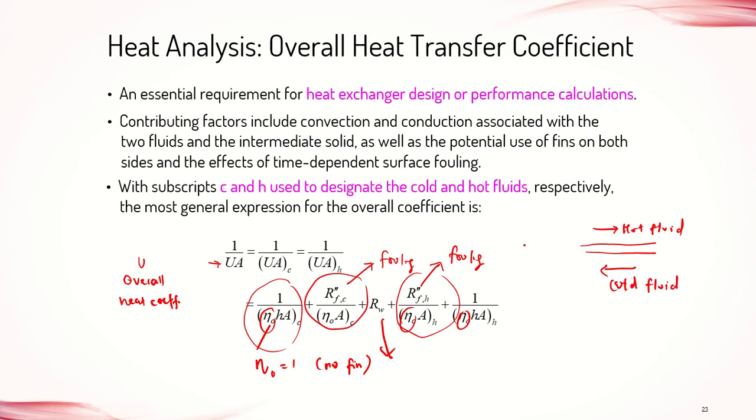In order for us to get the value of 1 over UA, we need the fouling factors. If we don't have the fin here, we substitute eta not equals 1, plus the fouling factor of the whole cold fluid side, the fouling factor of the hot fluid side, and R_W, the conduction resistance of the wall.